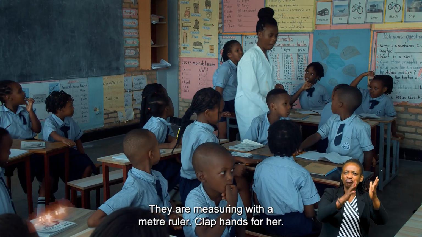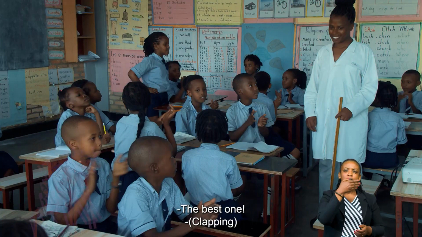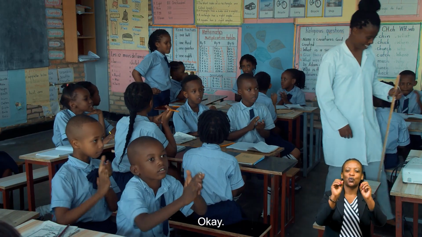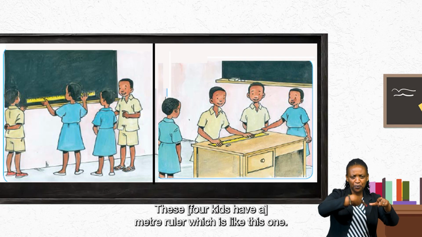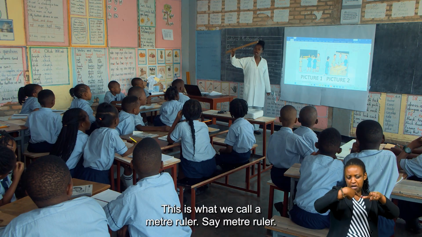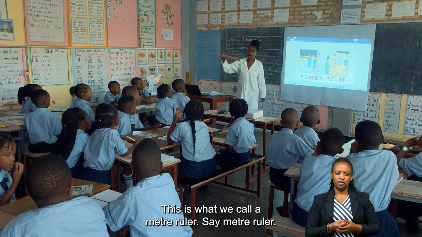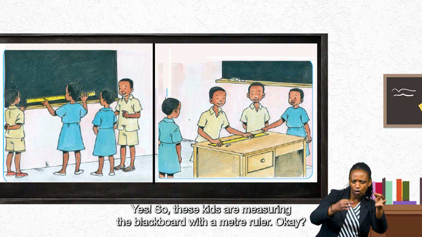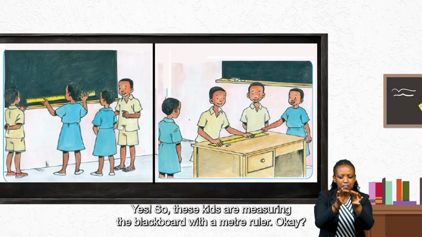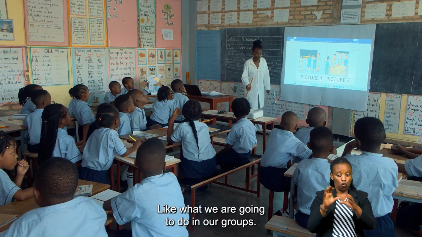Clap hands for her. The best one. Okay, these are 4 kids and they are having the meter ruler, which is like this one. This is what we call a meter ruler. Say meter ruler. Meter ruler. Yes, so these kids, they are measuring the blackboard with a meter ruler, okay? Like what we are going to do in our groups.